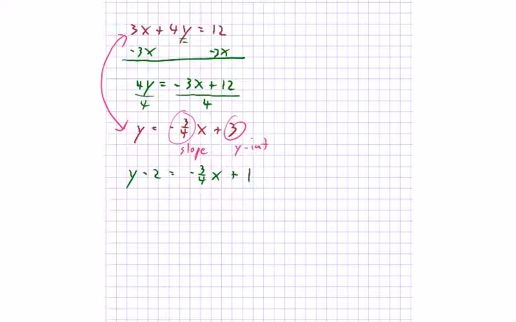Notice I've subtracted 2 from both sides, so the resulting equation is equivalent. This shows me that I could graph this line by going through (2, negative 1) and giving it a slope of negative 3/4, and it would give me the same line that the other two forms would give me.